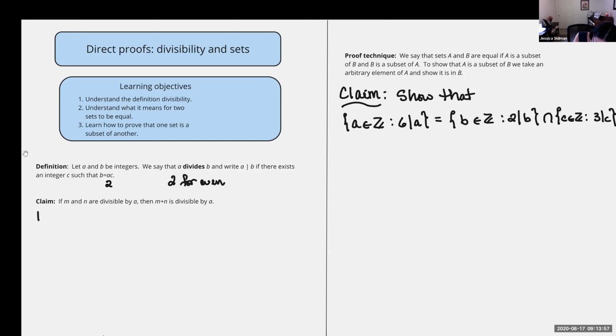Again, we're going to signpost where we think our proof is starting, and we're going to follow that direct proof poem, okay? We're going to write down what we want to show. We're going to use what we know, which in this case is the definition of divisibility.